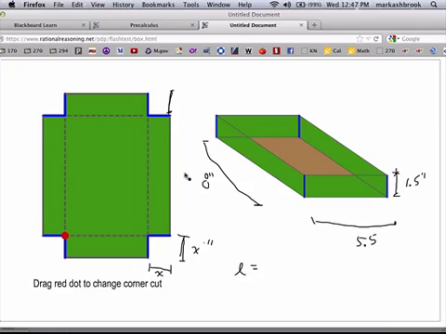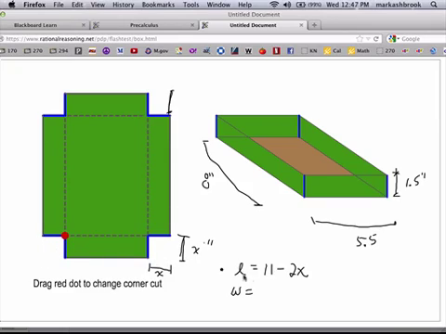We started with a piece that was 11. How do we get the length from that? Minus 2 x's, right? We subtract an x up here and an x down there. So our length is always 11 minus 2 times whatever the cutout length is.